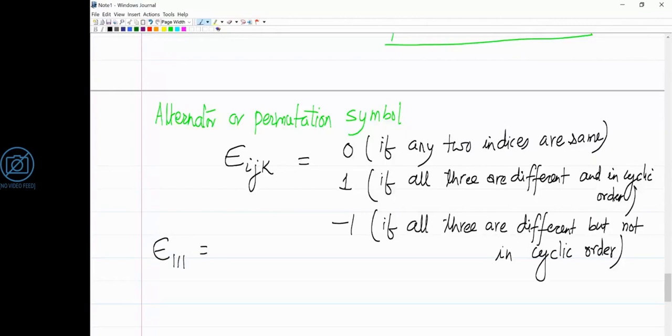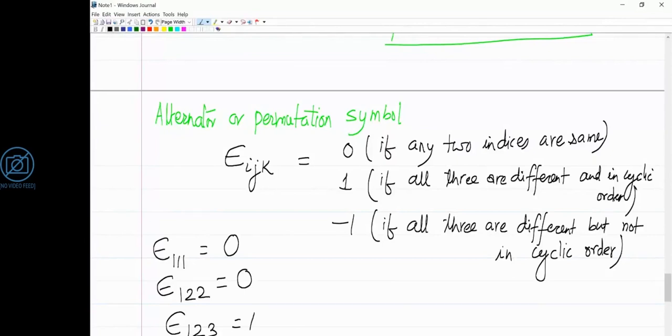Okay, so this means epsilon 1 1 1. What is this going to become then as per this definition? You see it has all three indices repeated, so this is 0. What about epsilon 1 2 1? This is also equal to 0. Very good. What about epsilon 1 2 3? This is equal to 1. And why do we say 1?